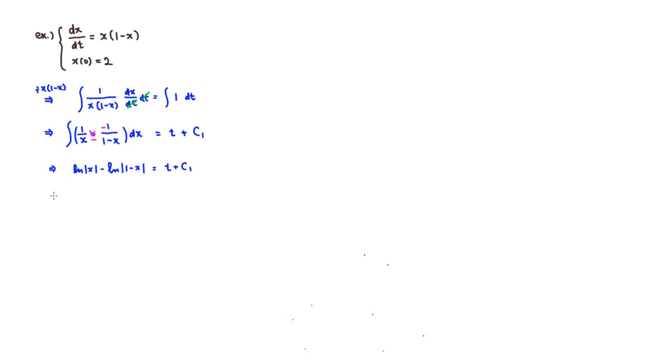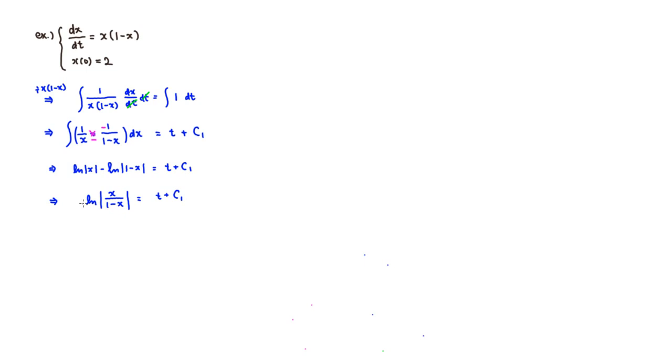Then I'm going to use the log property to write these two log expressions as a single log. Subtraction outside is a division, so we get the log of the absolute value of x over 1 − x, equal to t plus some constant c1.